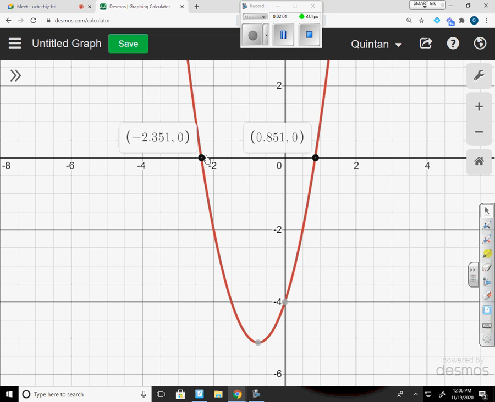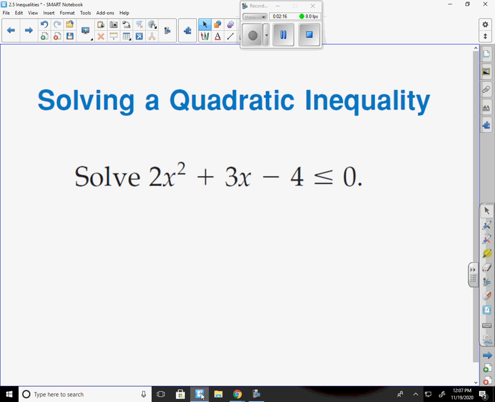Which means whenever we're finding the interval where it's less than or equal to 0, it's going to be from negative 2.351 to 0.851. Because that's an equal sign underneath there, it's going to be a bracket.